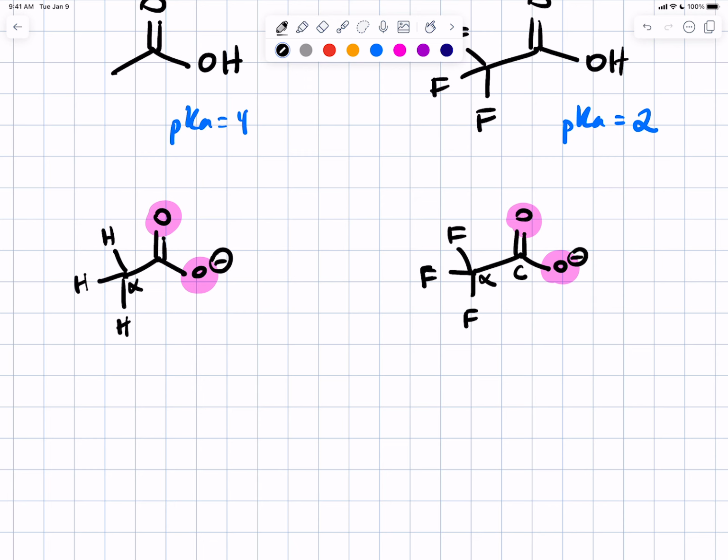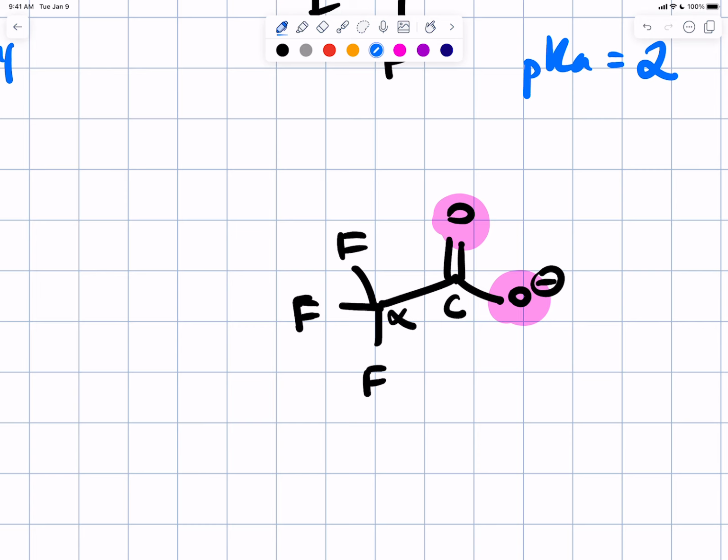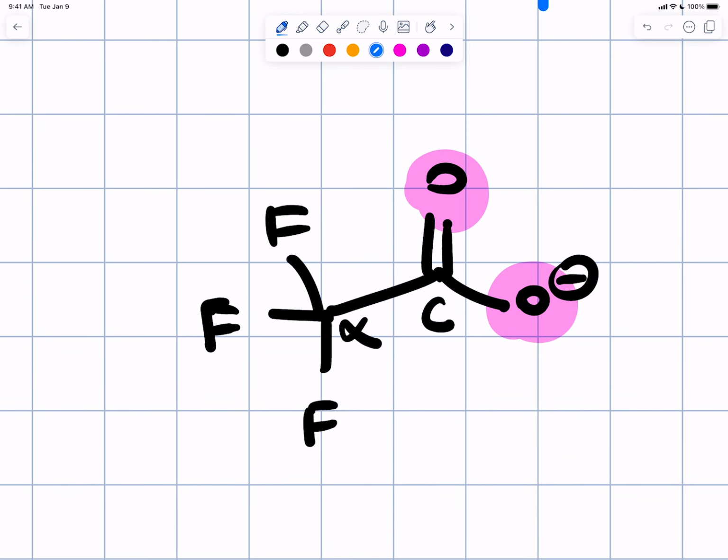Now, you know fluorine is more electronegative than carbon, so it would be straightforward to predict that there should be bond dipoles pulling electron density away from the alpha carbon and toward the fluorines. You ever seen that symbol before in general chemistry? That's a vector symbol for a dipole. The little cross at the end indicates the positive end of the dipole.